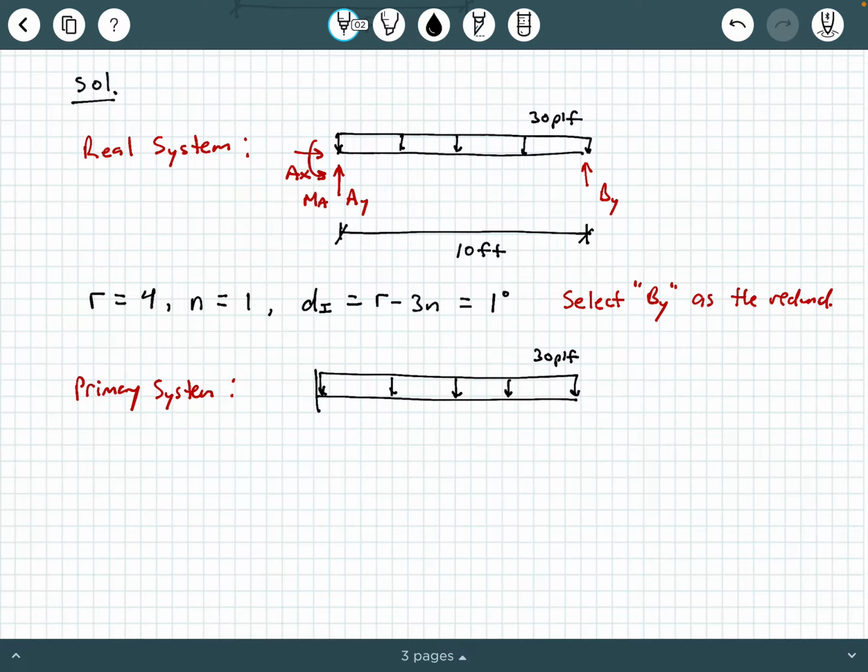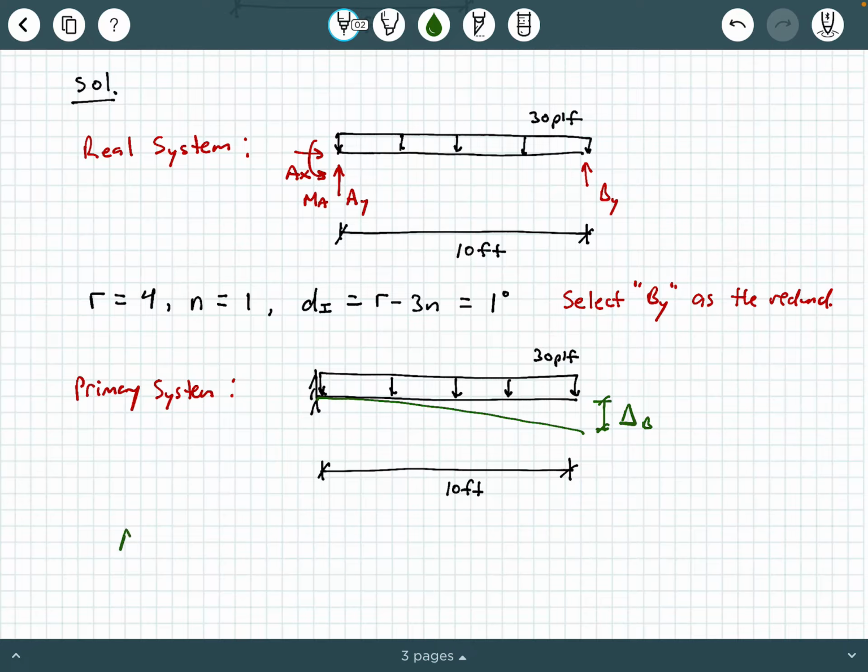So we're going to have the fixed connection at A, but BY is removed from the figure. And we still have the total length of 10 feet. When we remove BY, we allow this primary beam to deflect, and you're going to have a nonlinear deflection diagram the whole way through. And you're going to develop a deflection at point B called delta sub B.